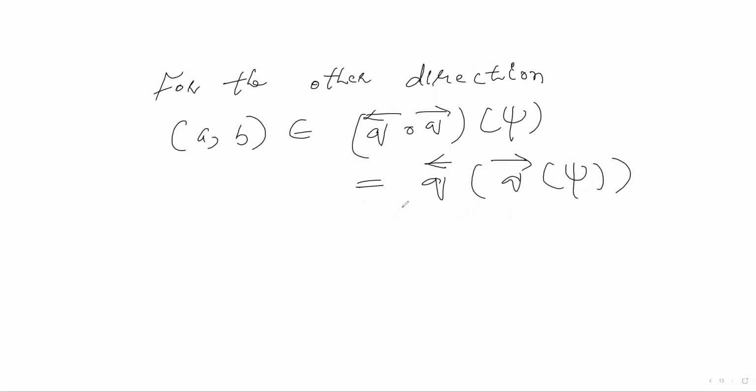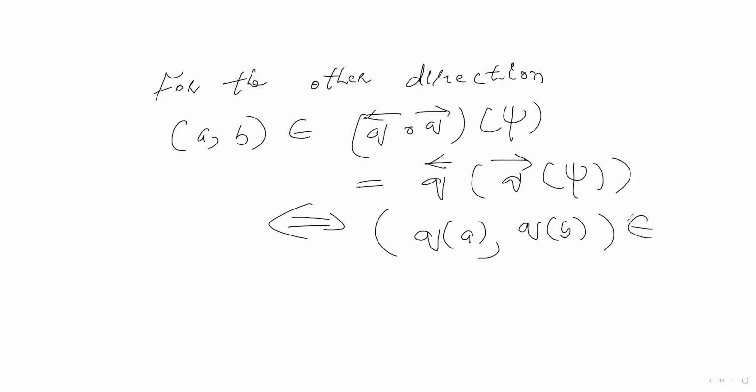Now A comma B belongs to Q backward arrow of something. This is if and only if, by definition of Q backward arrow, Q of A comma Q of B belongs to this Q forward arrow of psi.